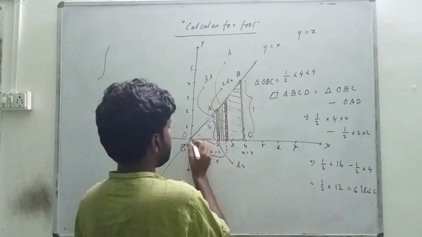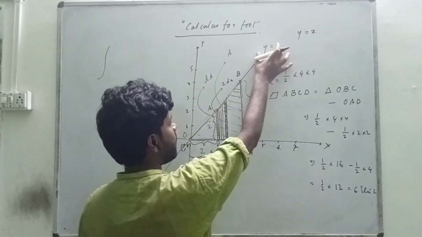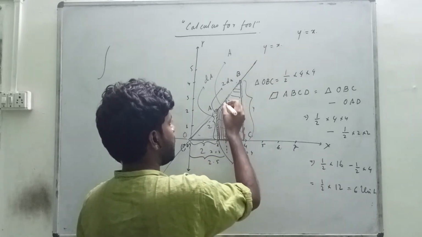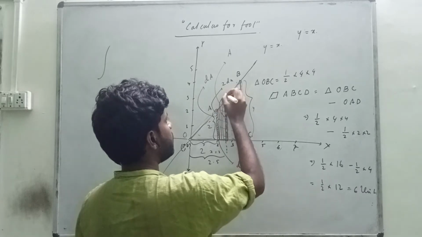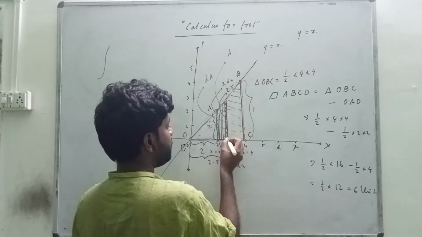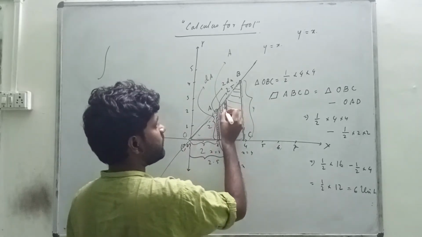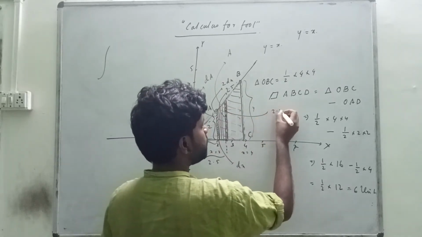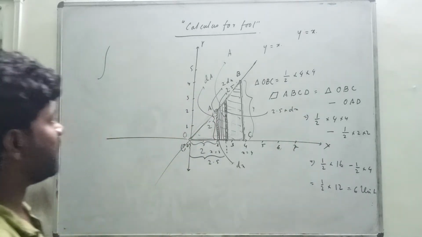If x is 2.5, then y is obviously 2.5. According to the relationship, the height of this area is 2.5, and the base is dx. The area of this thing is 2.5 into dx, right?